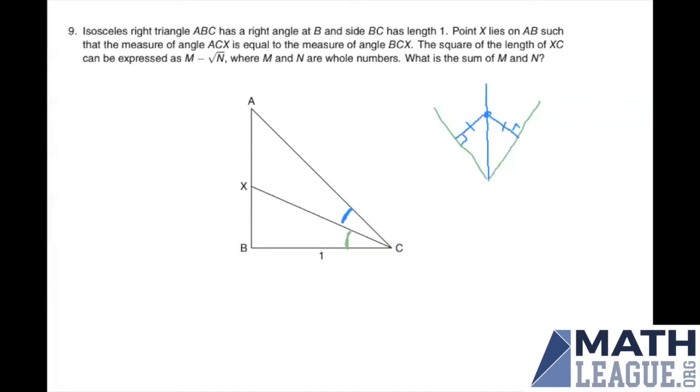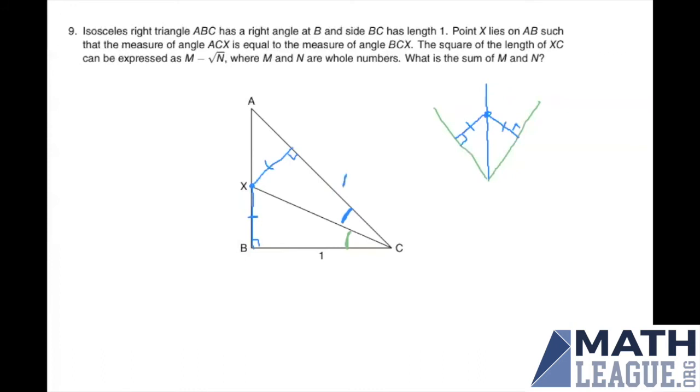So we can do the same thing here. We have X, we can drop the height to side BC, and that's just XB. And then we can also drop the height to side AC. And so we know that these two are equal. And just by virtue of how this is, we know that this is also equal because these two are the same triangle with the same sides. So then, we know BC is 1, so we know that this is 1.